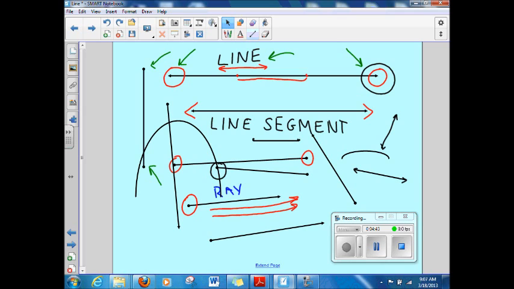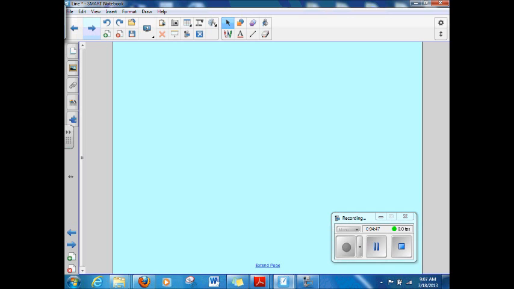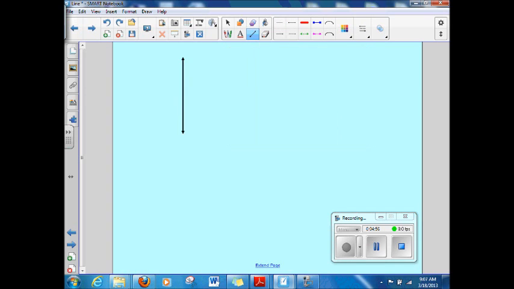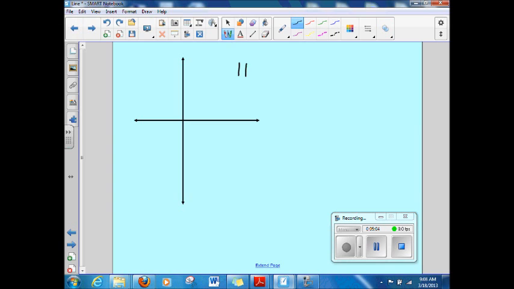Let's go on to the next screen and see if there's some other things that we can do with these. If we have a line, I want to make sure that I have my lines with the two arrows on each end. I'm going to make a line this direction. Sometimes lines might cross over each other. If lines cross over each other, they are intersecting. And you know that if you've gone to an intersection, there's stop signs there.